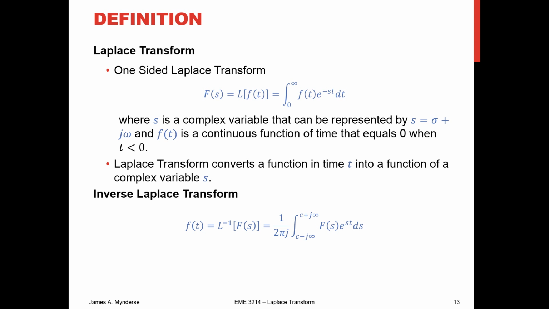f of t is a continuous function, sorry. And so it's going to convert this into a function of complex variable s. So we're going to go from a variable of time to a variable that is complex.